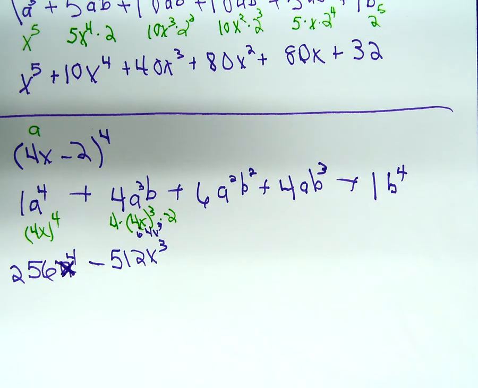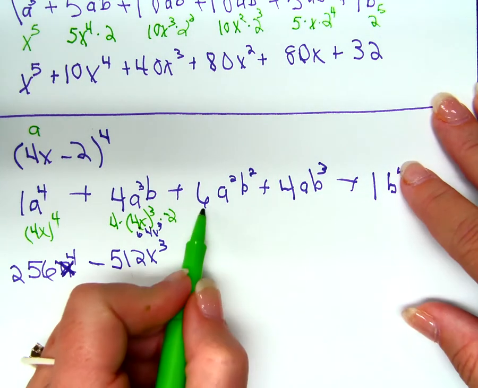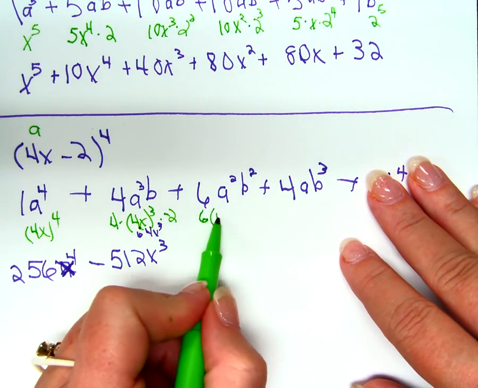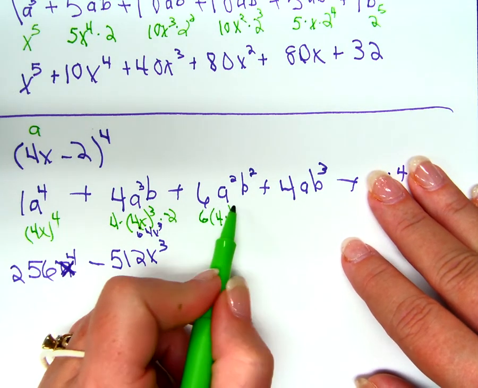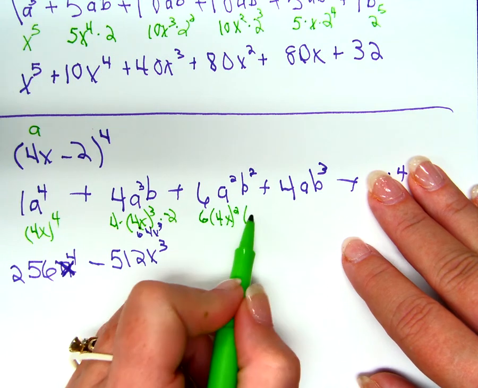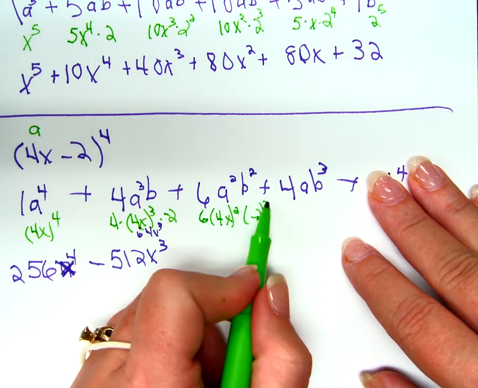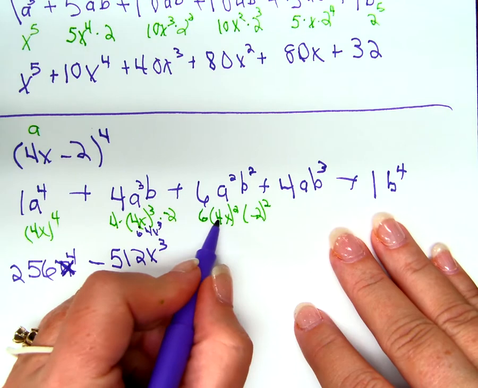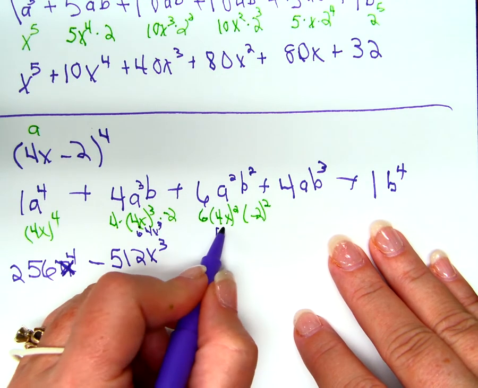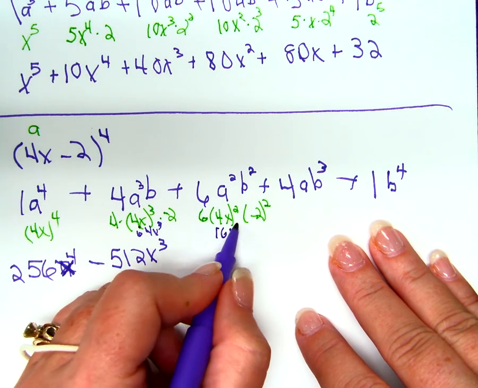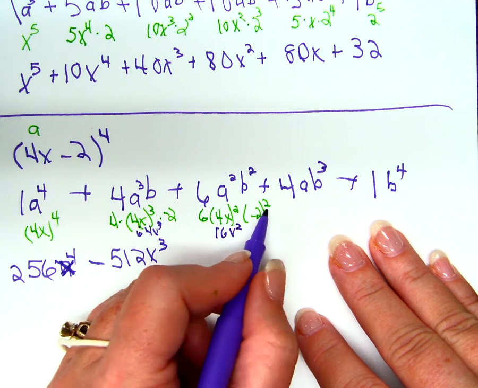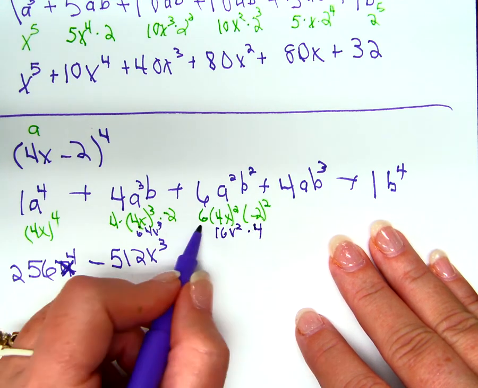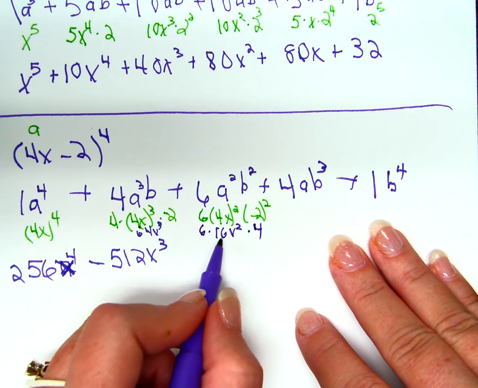Okay. So this next term is 6 times 4x squared times negative 2 squared. Well, what's 4 squared? So this is 16x squared. What is negative 2 squared? Positive 4. So I've got 6 times 16 times 4.